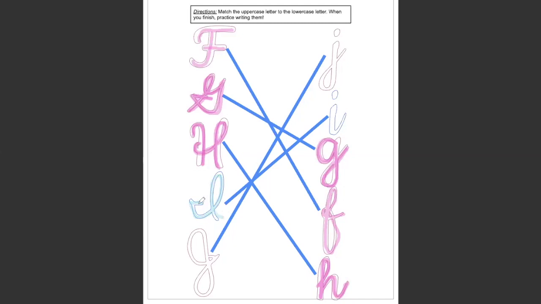This is the uppercase I. When you finish the uppercase I, you can try the lowercase i. This one has a dot. Don't forget, every time you have to draw the dot.